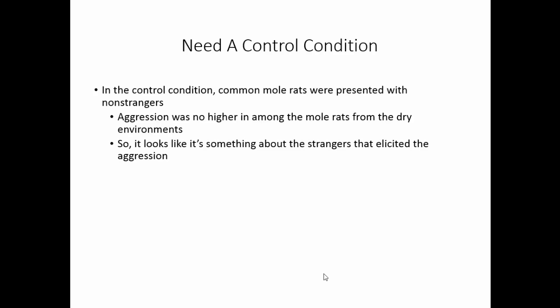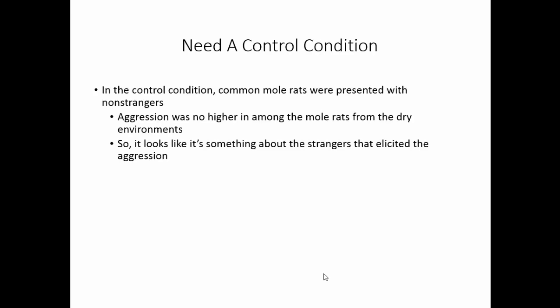Control conditions. In any kind of good true experiment or any kind of quasi-experiment, you need a good control condition to compare to your condition of interest, your experimental condition.